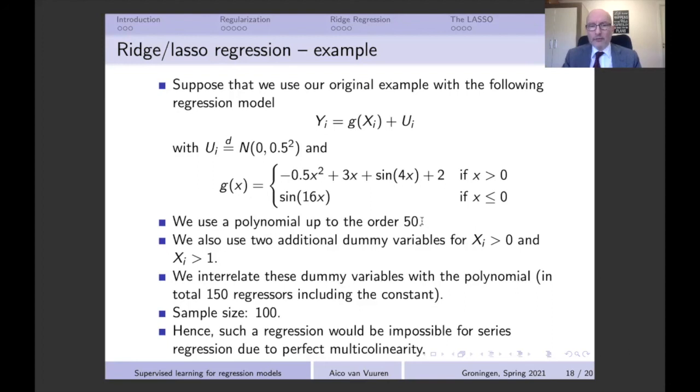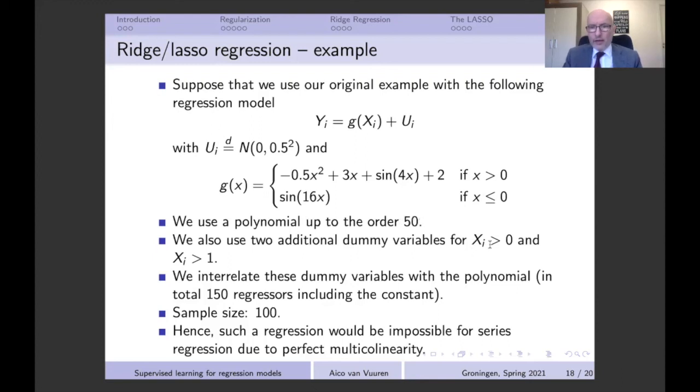And in addition to that, to make my regression a little bit more flexible, what I'm going to do as well is that I'm going to include an additional dummy variable for xi larger than 0, as well as an additional dummy variable for xi larger than 1. And then what I can do is that I can now interact these dummy variables with this polynomial. That means that I get 150 regressors because I have here 50 regressors.